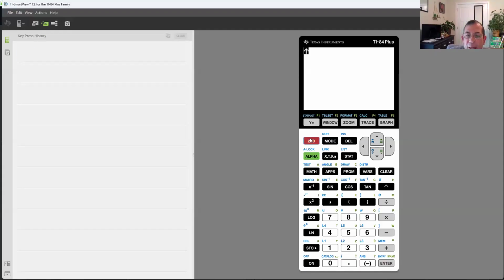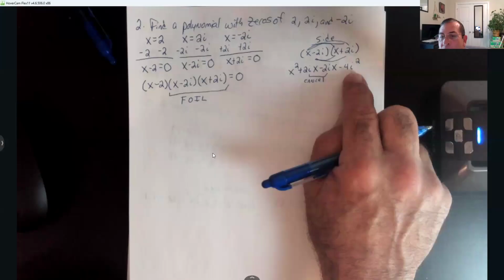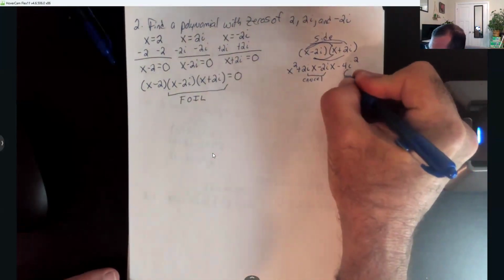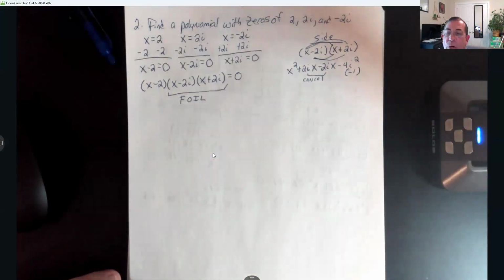If you hit the second button and the decimal, there's your i. I'm going to square that. And y'all look at that. i squared definitely equals -1. So what that means, wherever you see an i squared, you're going to replace that with a -1.